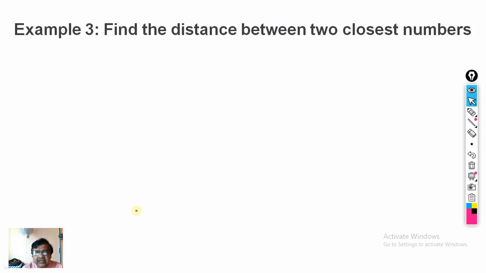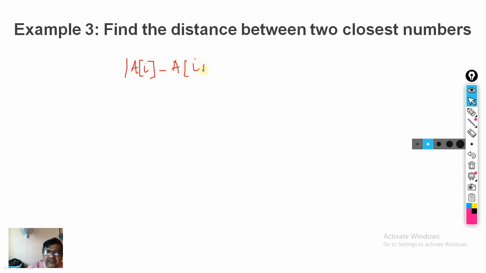Okay, right. We will take another example. Find the distance between two closest numbers in an array, of course. The two closest numbers: a i minus a i plus 1.